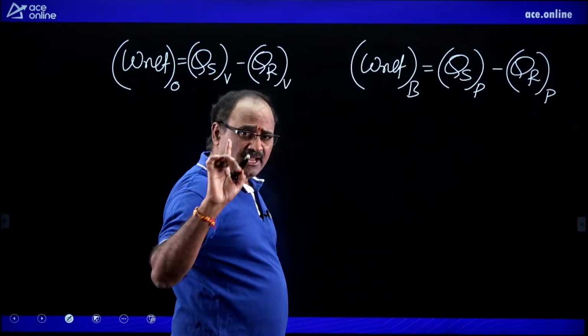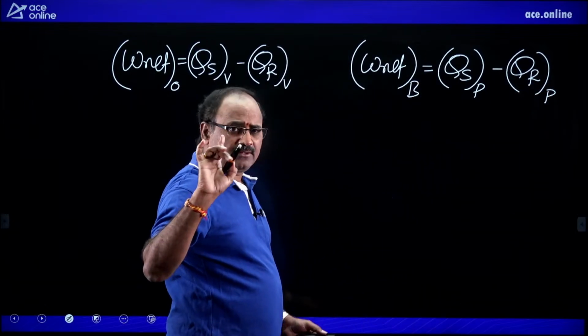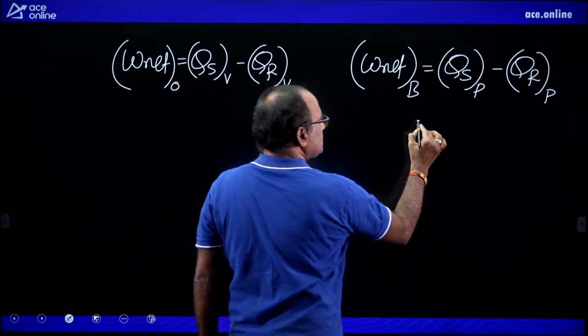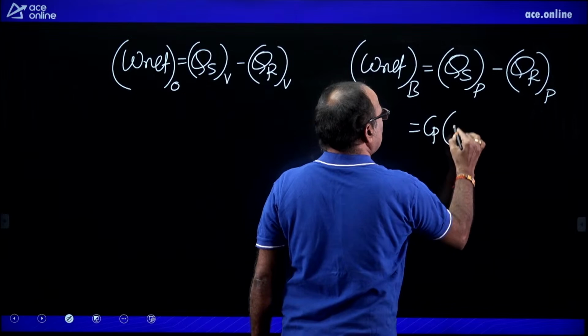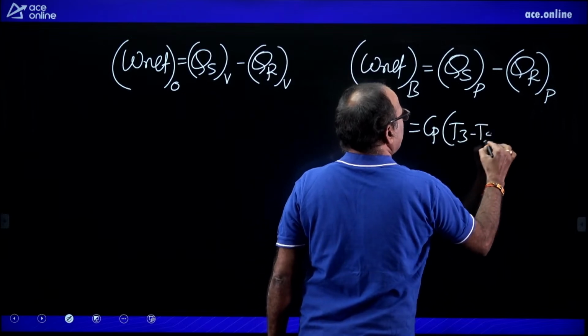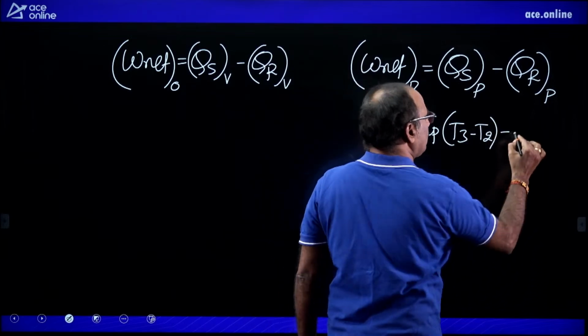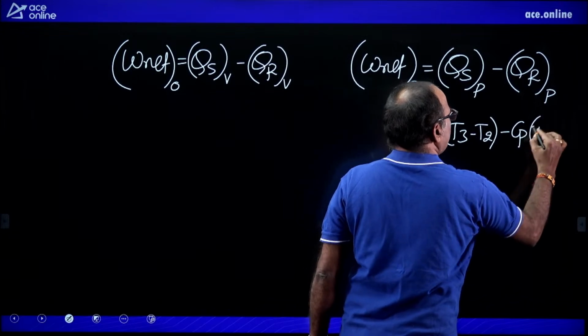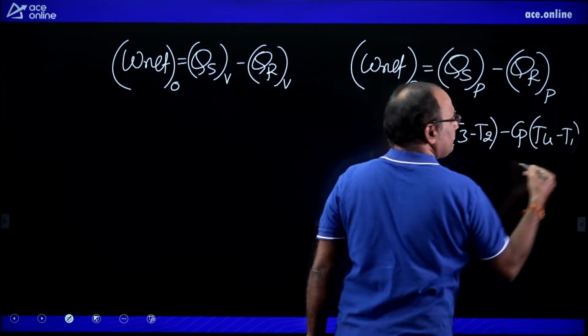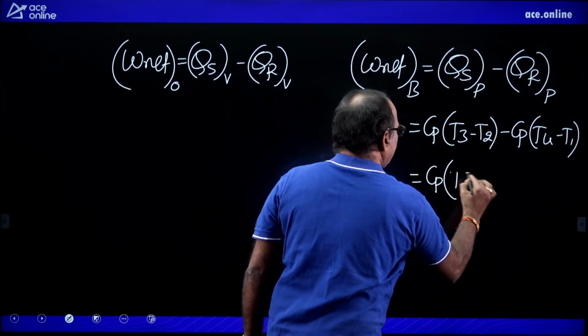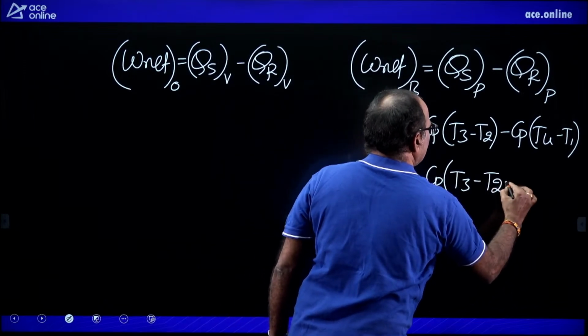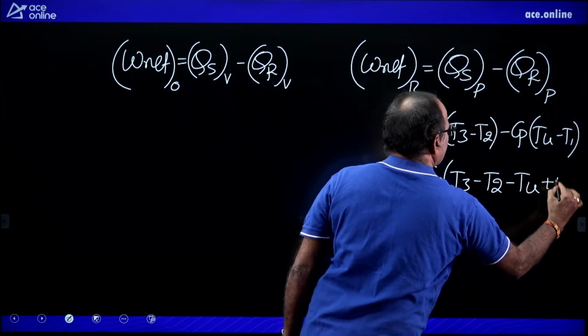For the same temperature limits, the heat supplied at constant pressure during 2 to 3 is Cp into T3 minus T2. The heat rejection during 4 to 1 is Cp into T4 minus T1. From this I can write Cp into T3 minus T2 minus T4 plus T1, right?